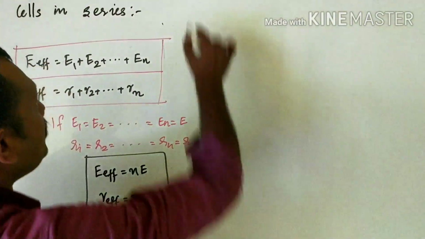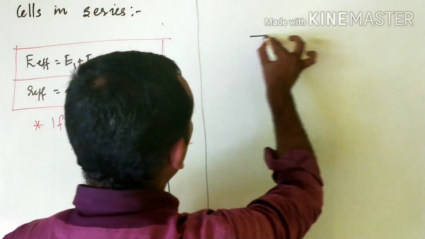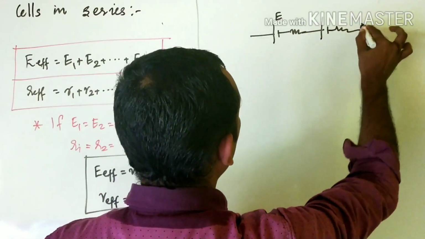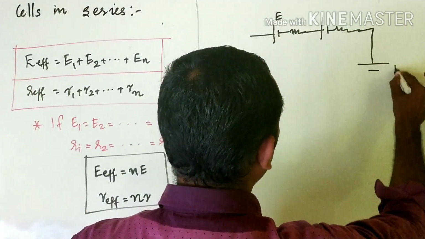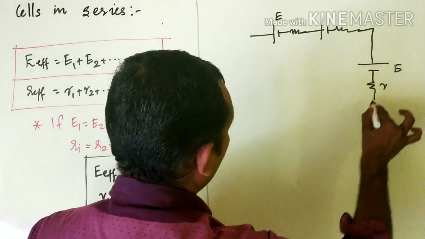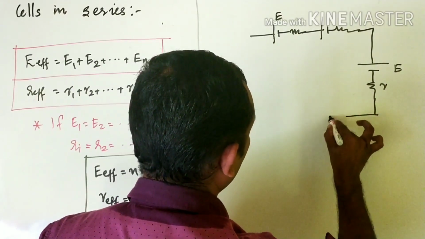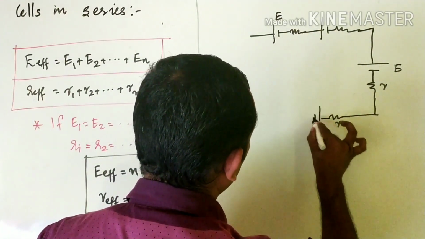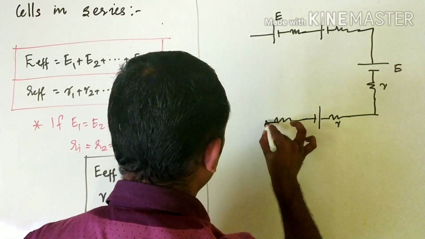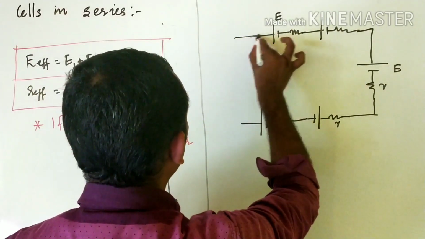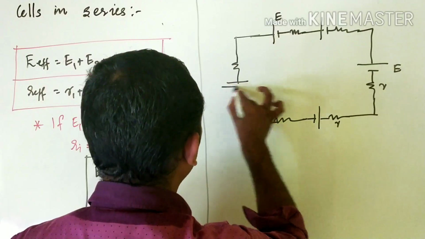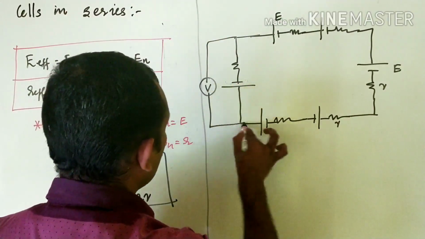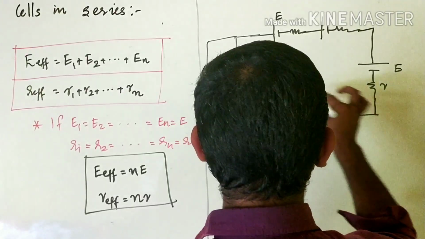Now let me discuss a question. This is a very recent question, I have to say. All cells are identical.